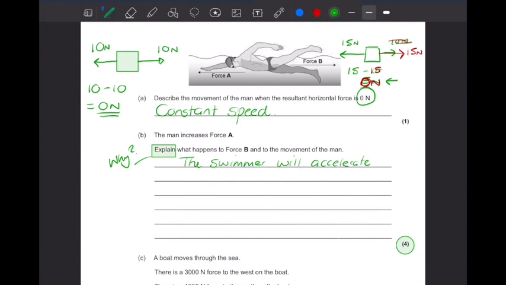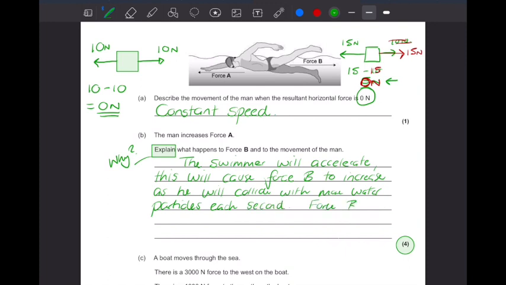The swimmer will accelerate. This will cause force B to increase as he will collide with more water particles each second.